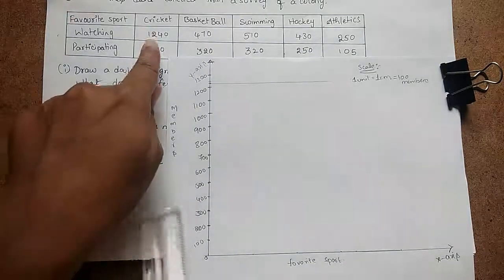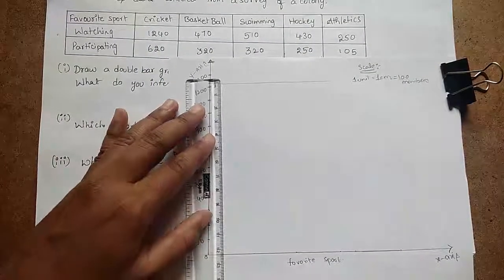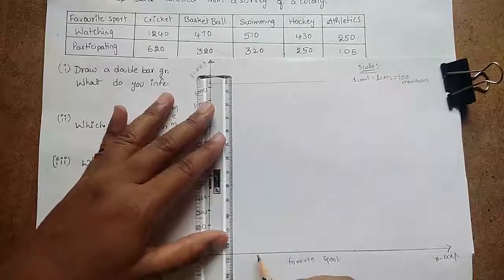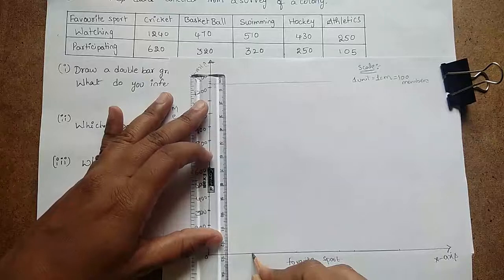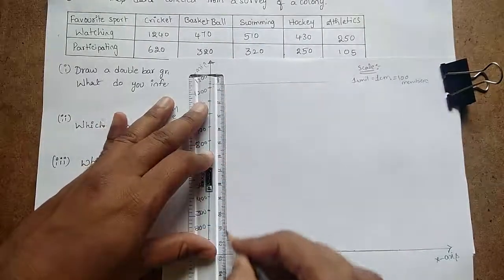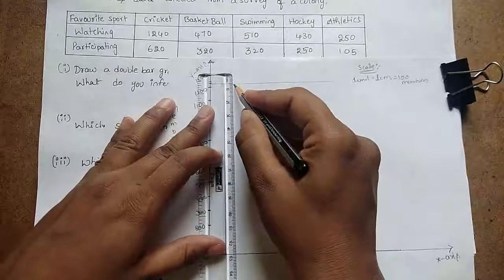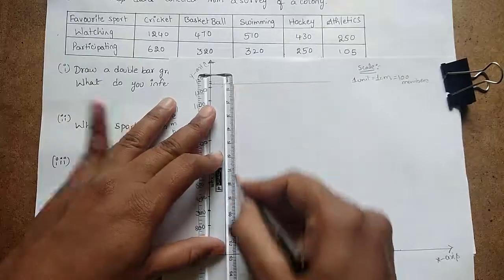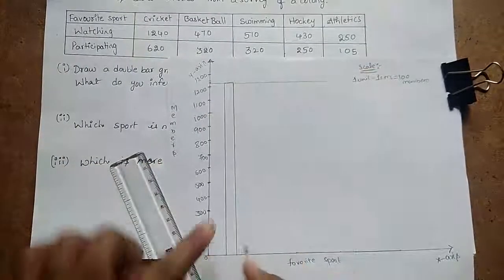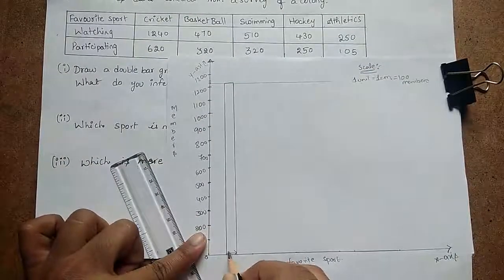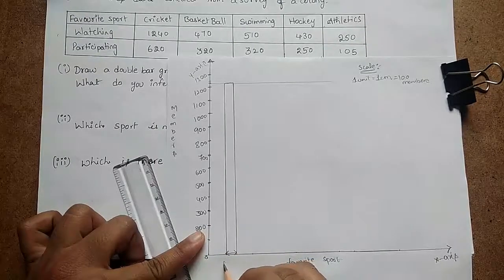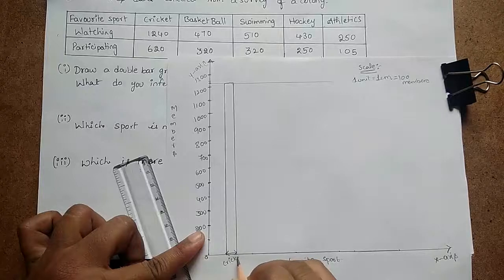Next take 1240, this is our point. Now I am taking a width of 0.5 from the 1200 mark for the width of the bar. So this is the cricket watching bar.